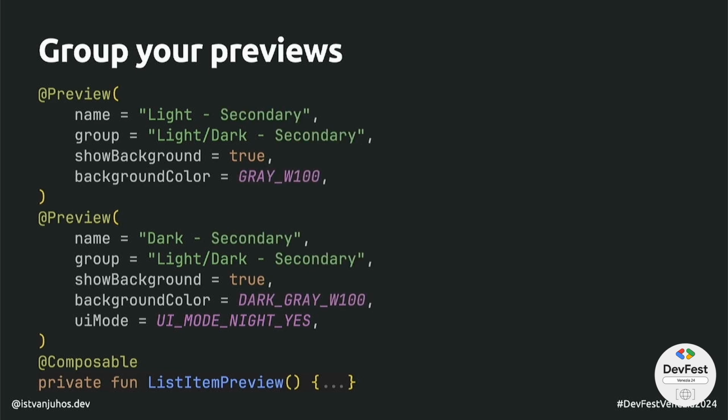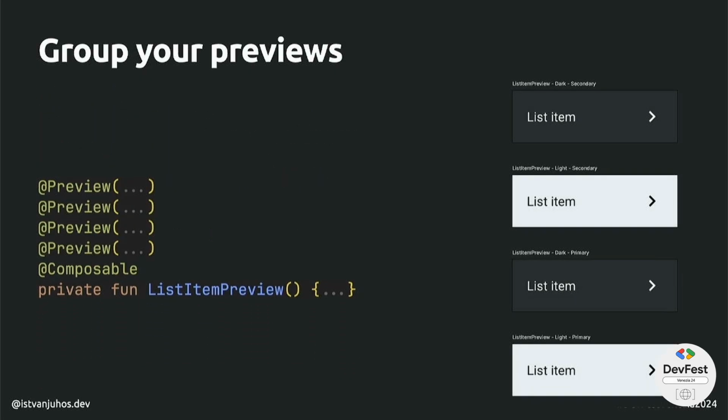We do this the same way with the secondary variants of the background colors, because why not in this example? And if we slap these four preview annotations on top of this preview composable, we get those four previews easily rendered. Of course, more and more code is being added there, but stay with me. And also, those in pairs are different background colors, primary and secondary. In the Circuit app, we just have really close colors of these kinds.